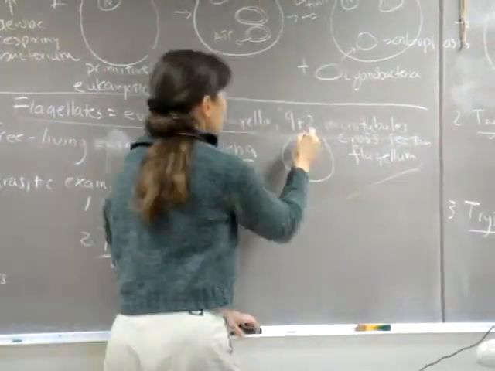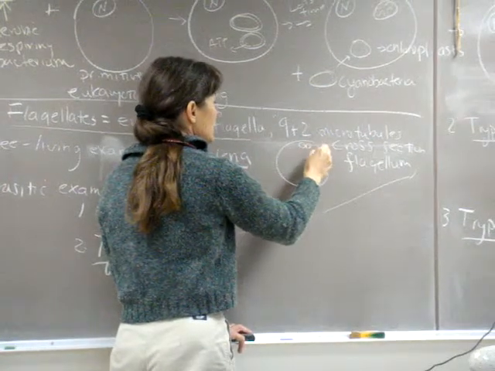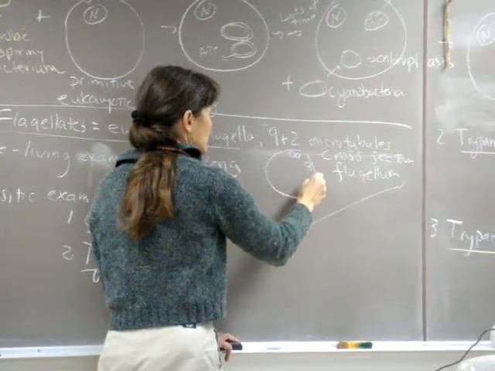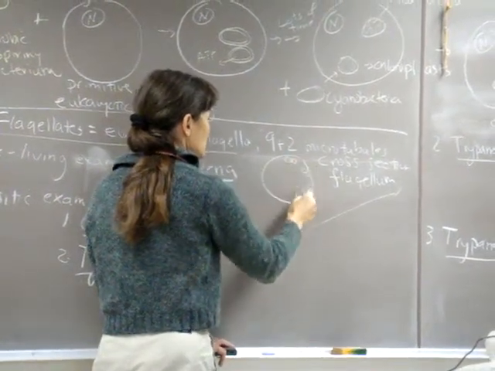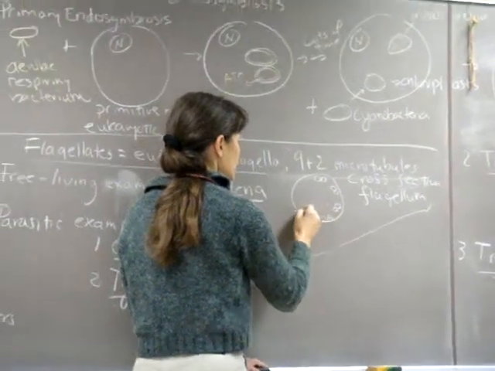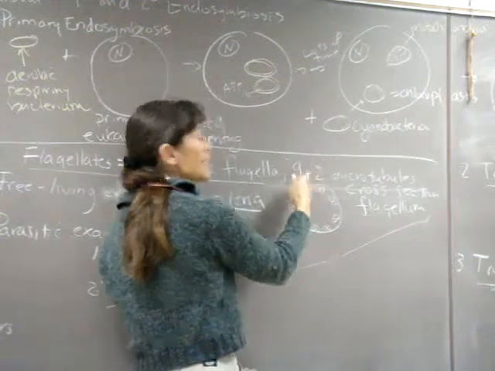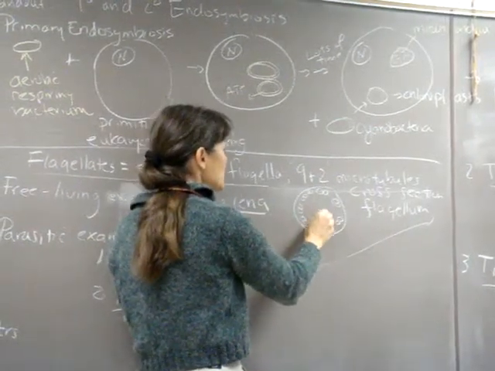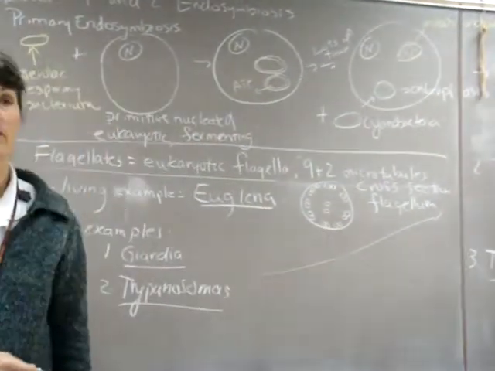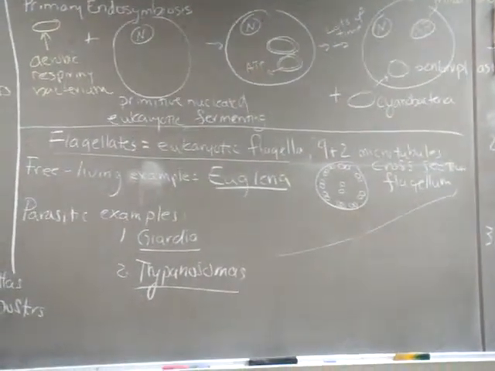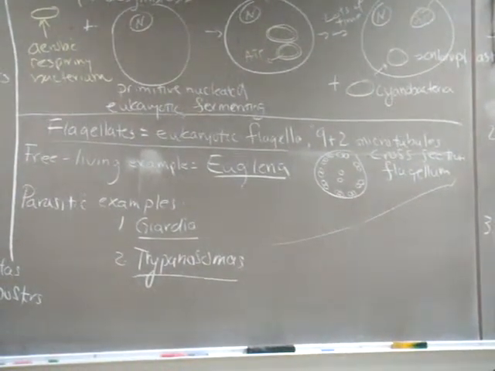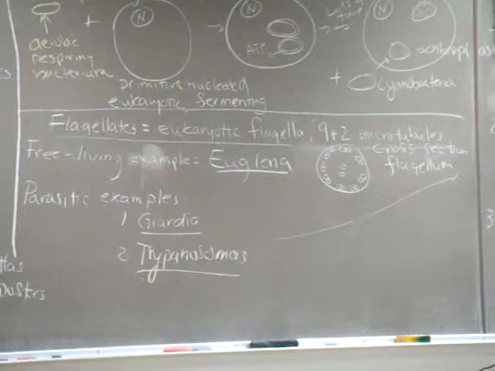What we would see is 9 pairs of microtubules around the periphery. So 1, 2, 3, 4, 5, 6, 7, 8, 9. Okay, so that's the 9. And then there's 2 single microtubules in the middle. Okay, so that's the classic 9+2 arrangement of microtubules in eukaryotic flagella. Okay, very different from bacteria.